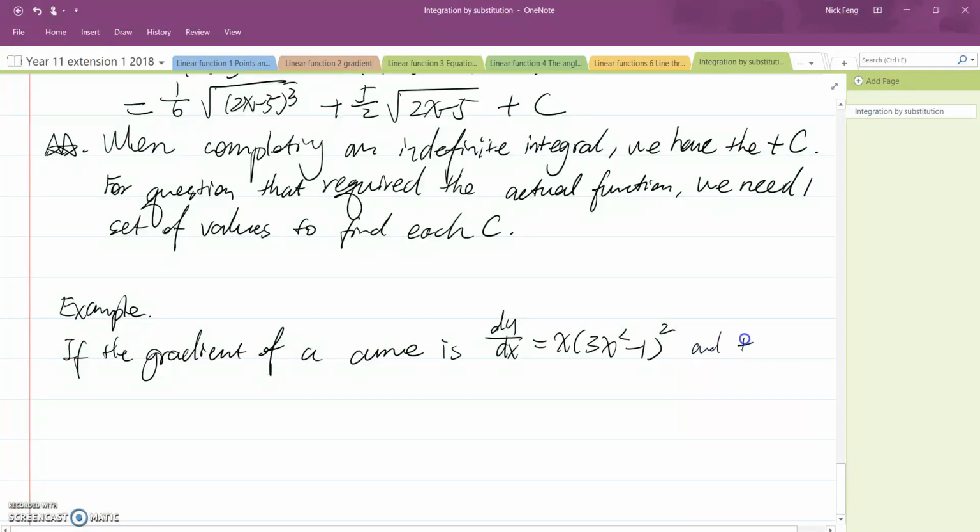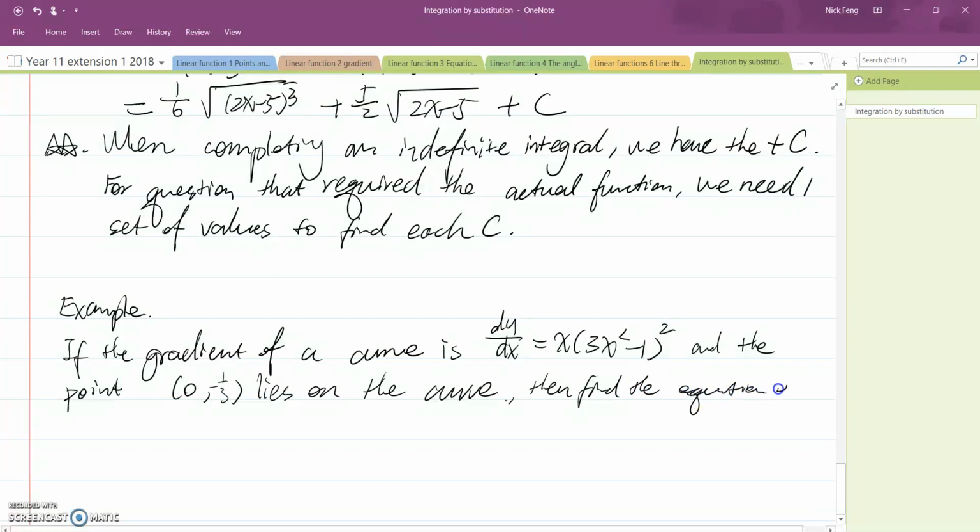And the point 0, negative third lies on the curve, then find the equation of the function.